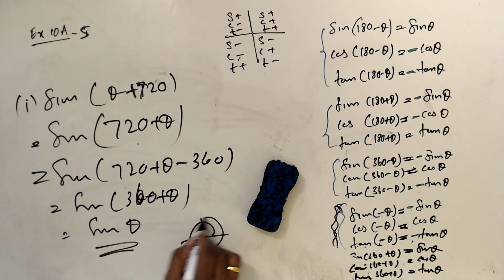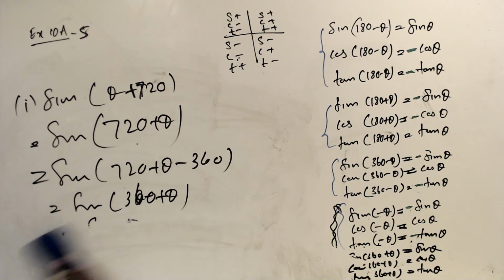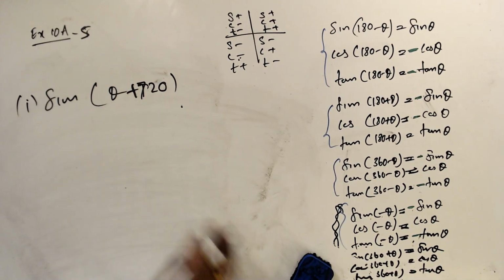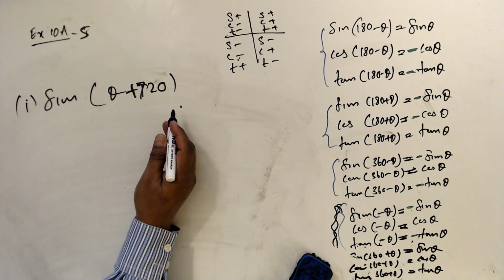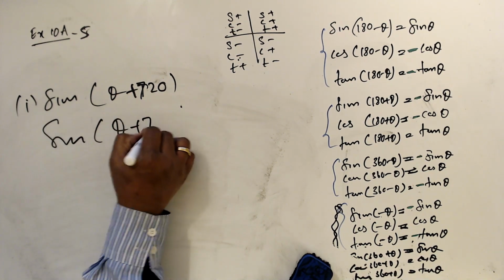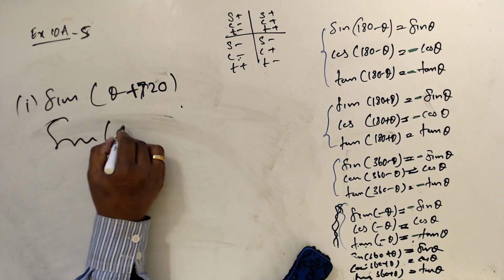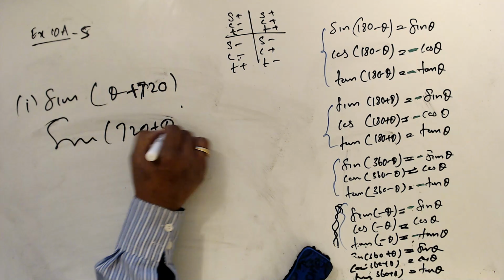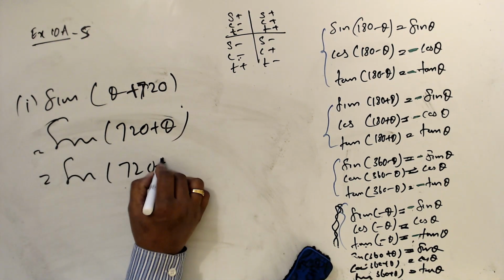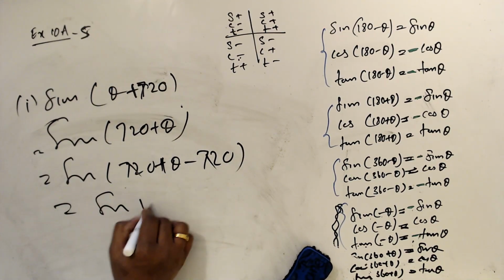You go round twice and still are in the first quadrant. Or I can see 720 means 2 times 360. So sine 720 plus theta minus 720, this cancels out, sine 30.